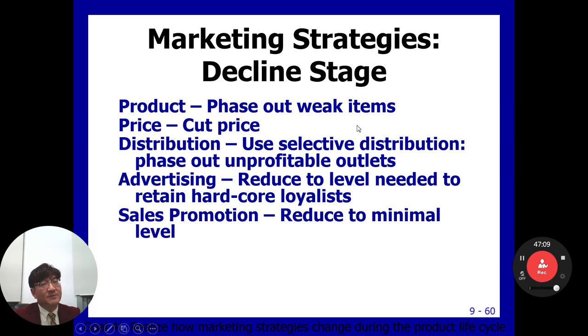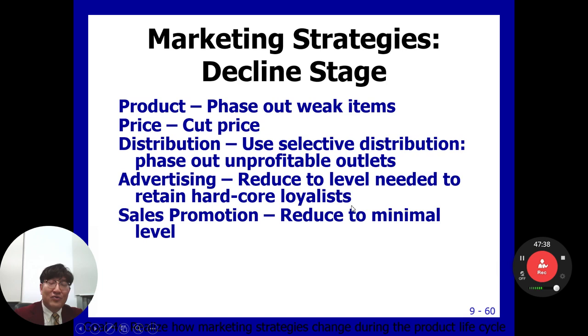And the distribution, you want to go back to selective distribution. Once your product is popular, in the maturity stage or growth stage, you expand your distribution network. But when your product is declining, maybe only a $1 shop or a Daiso kind of store can sell your product. So you go back to selective distribution.